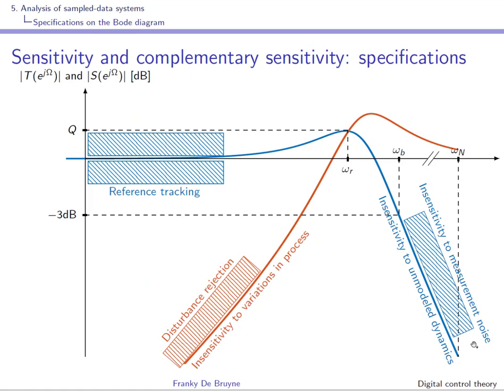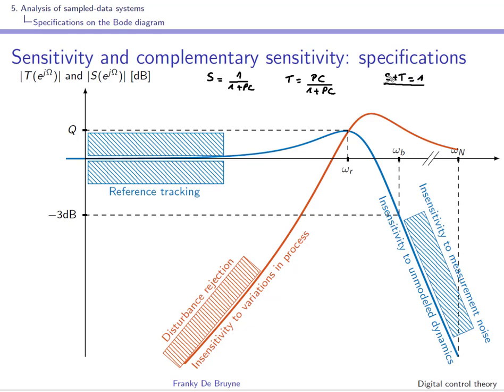Well, these are the specifications that we had imposed on the sensitivity function. Remember that S is 1 over 1 plus PC, and on the complementary sensitivity function, T is PC over 1 plus PC. Remember that S plus T is 1.